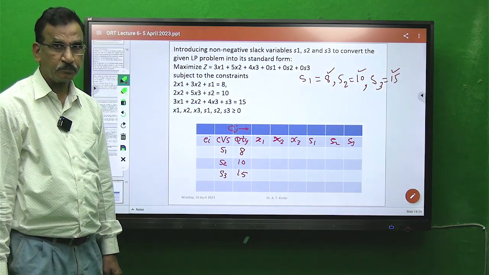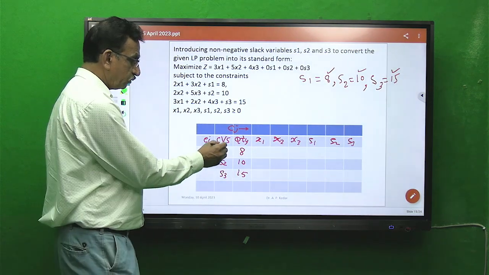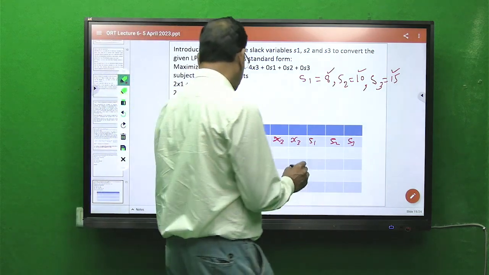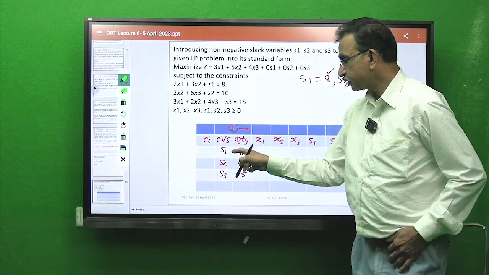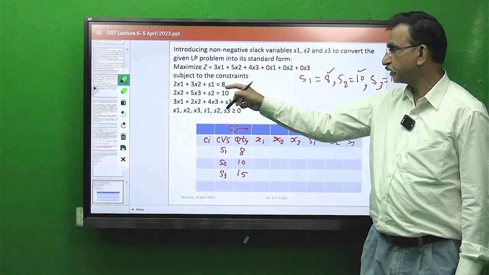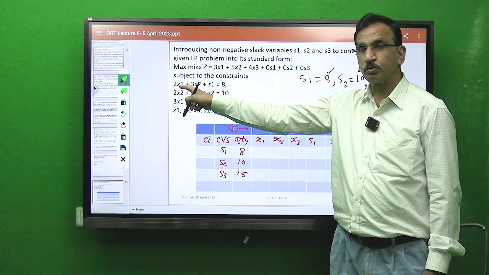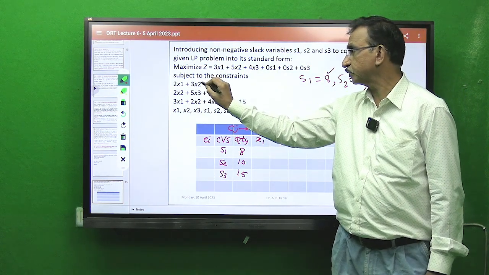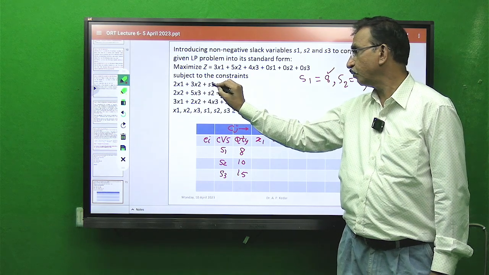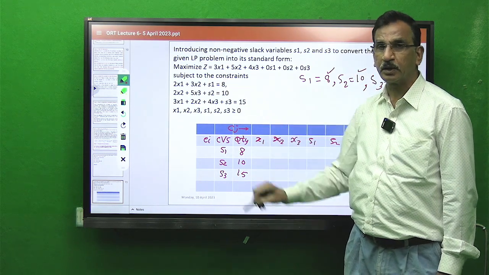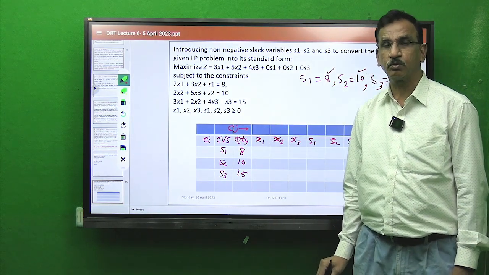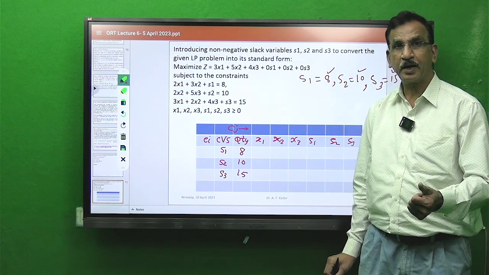Getting? And now this is important. See here, this S1 is the product of equation number 1. So we have to write the structural coefficients. These 2x1, 2, 3, and S1's coefficient 1 are referred to as structural coefficients, Aij.